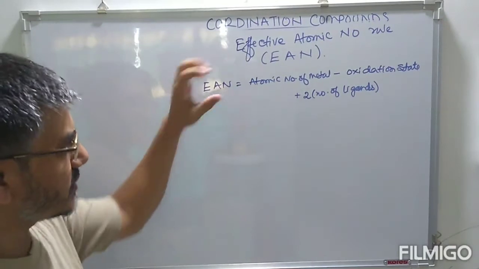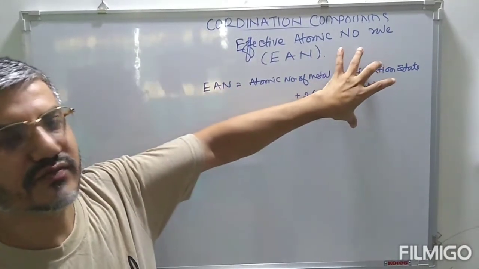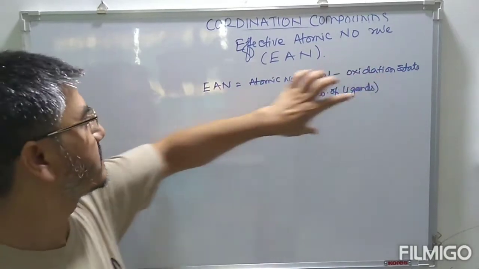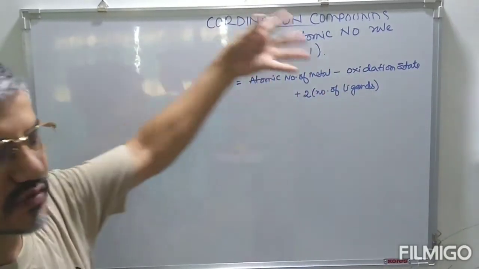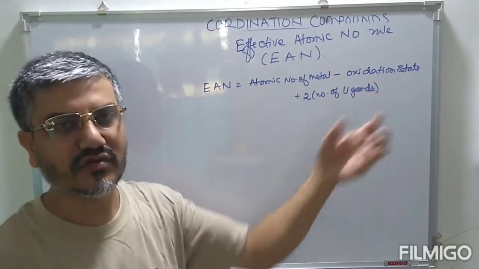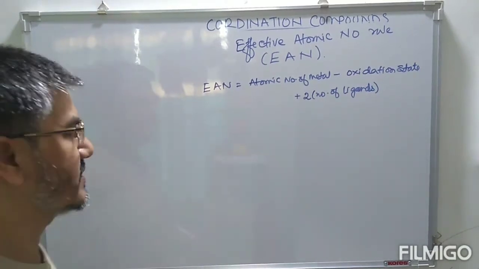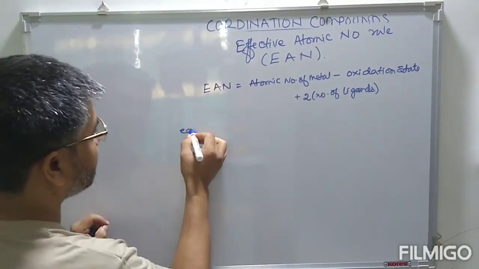So this actual number of electrons, that is including those electrons coming from this ligand, is what is called as effective atomic number. To force stabilization, in most of the cases this has to follow the atomic number of the next noble gas. Let's take this example.